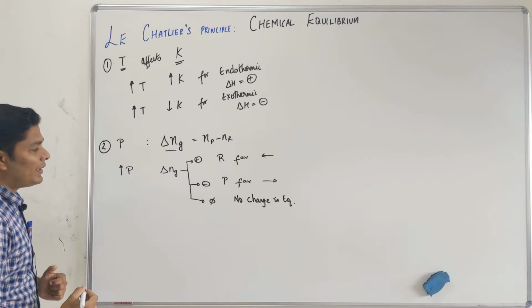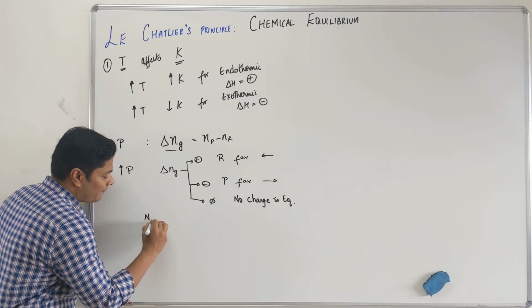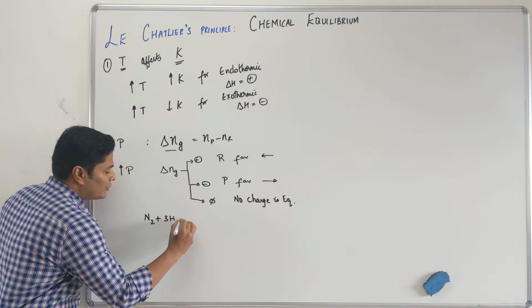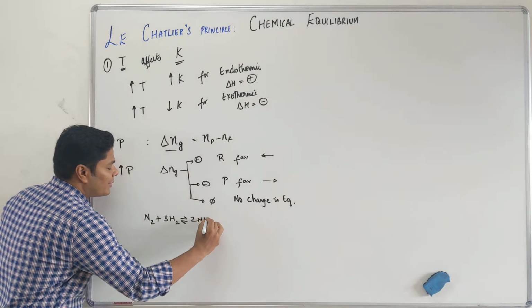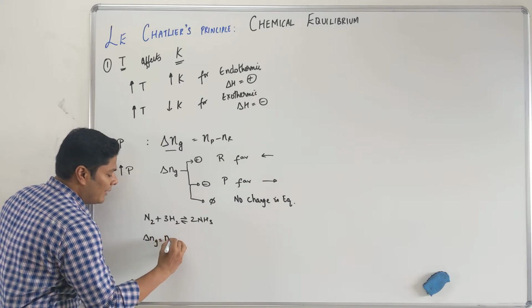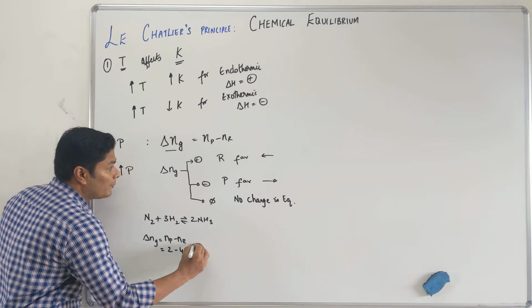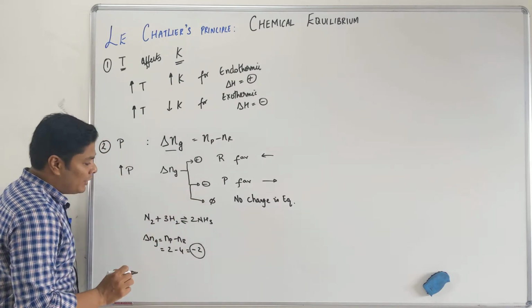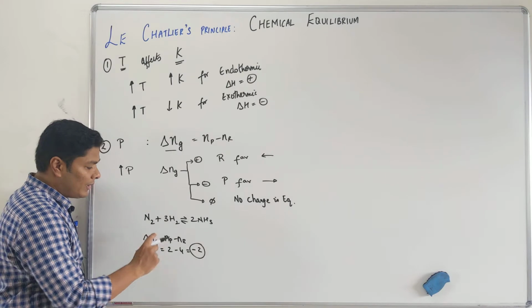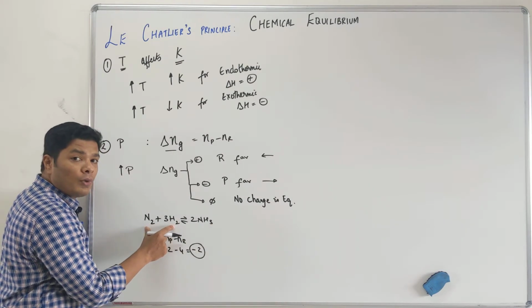Straightforward. Now for example, we will take our favorite one, N2 plus 3H2 gives you 2NH3. Del Ng equals Np minus Nr, that's going to be 2 minus 4 equals minus 2. Okay, minus. So when I keep putting pressure, on the right side I need room for only 2 people. On the left side I need room for 4 people.